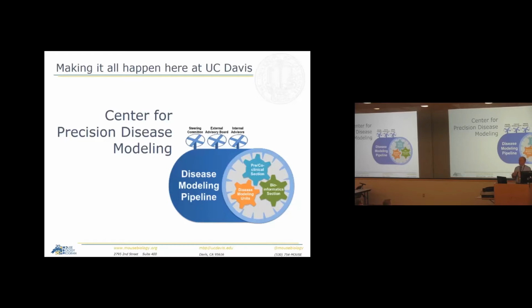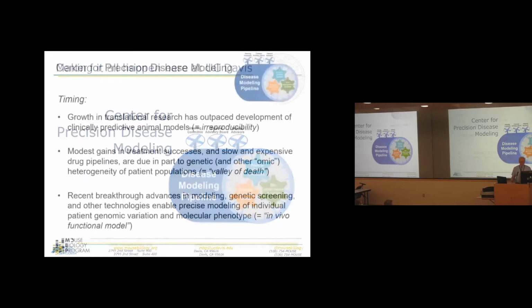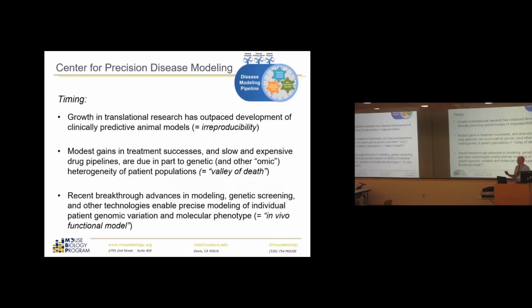So I like to say, how can we improve the patient proximity of animal models? Because if you achieve patient proximity, in my mind, you can have a more beneficial impact on people's lives. So the idea behind this is to create a Center for Precision Disease Modeling. And the timing is pretty good for these three reasons.